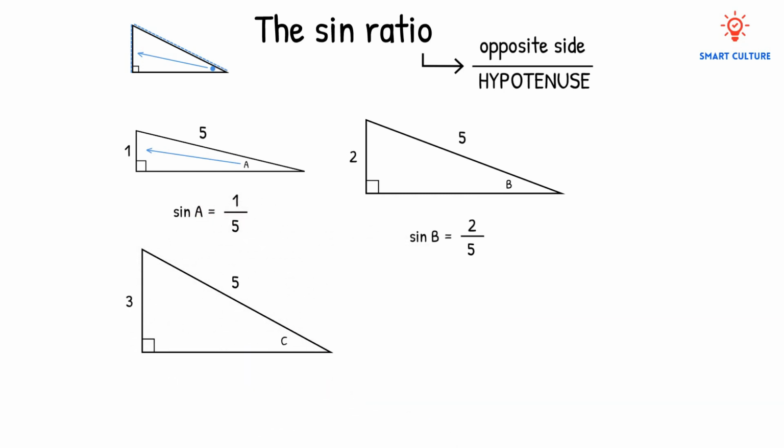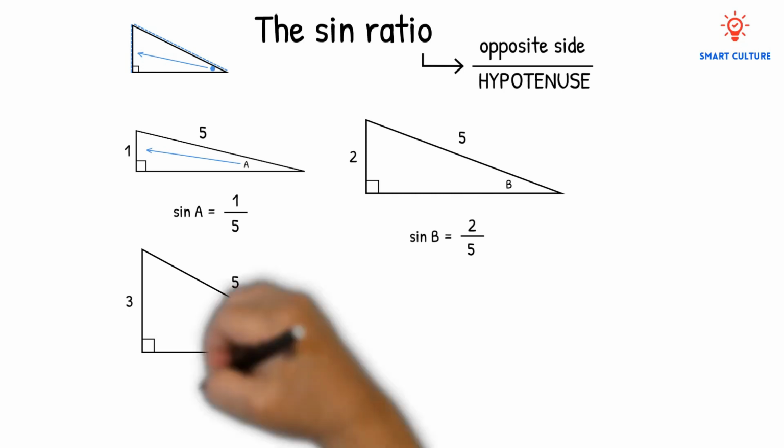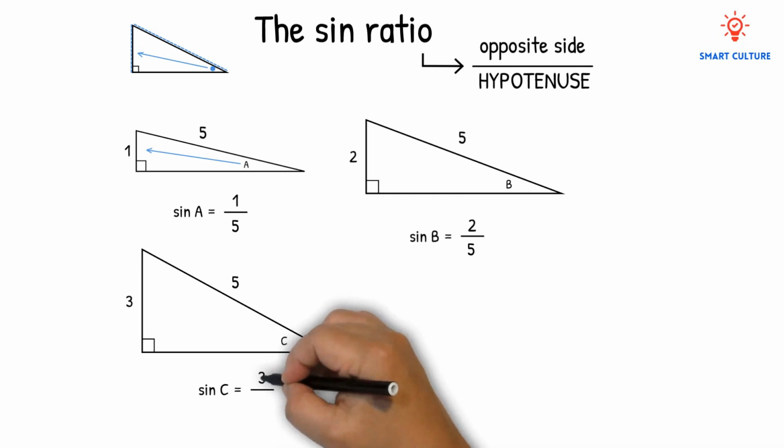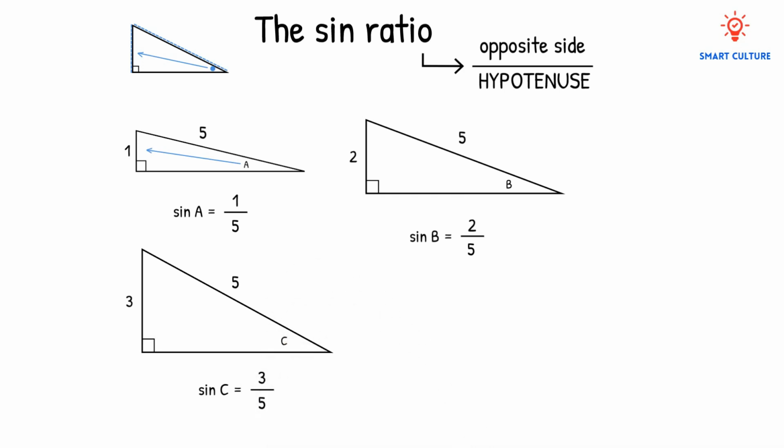Here we have angle C. Now the sine of C in this case is equal to 3/5. So here, the side opposite angle C is 3/5 the length of the hypotenuse. And this also means that angle C is larger than both angles A and B.